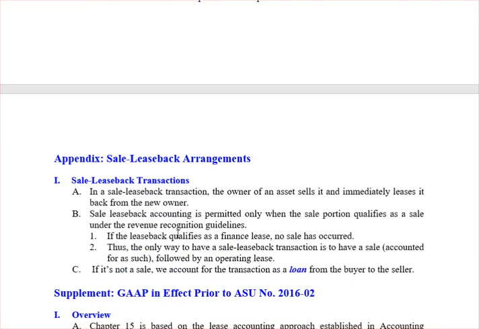And so if it's not a true sale and they're just trying to play around with their financial statements, then you cannot record it as a sale and then a lease back because it doesn't fit the classification of a sale. In other words, it has to only be an operating lease. See, it cannot be a financing lease. It has to be an operating lease. Otherwise, it's just the same thing as a loan, and that's not appropriate.